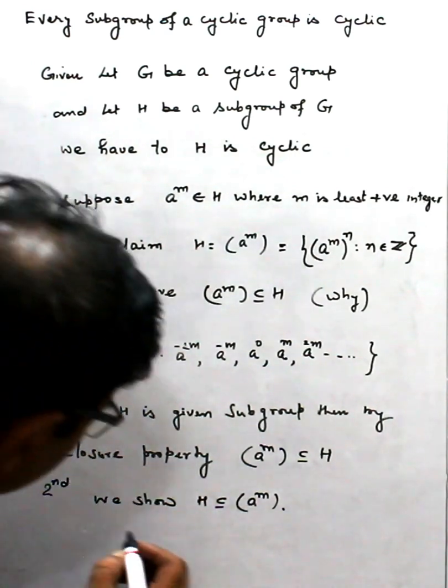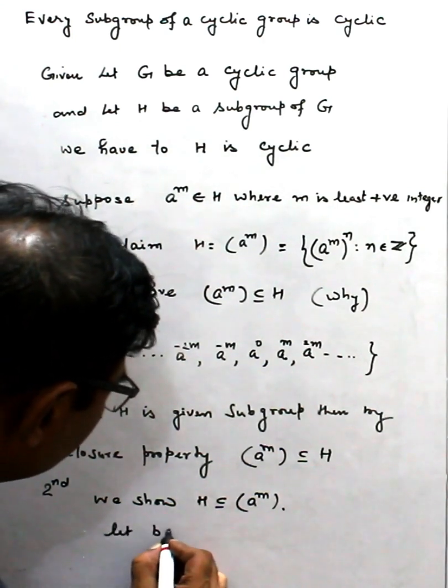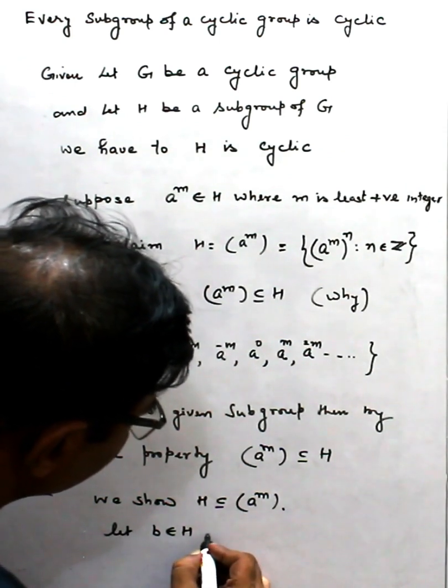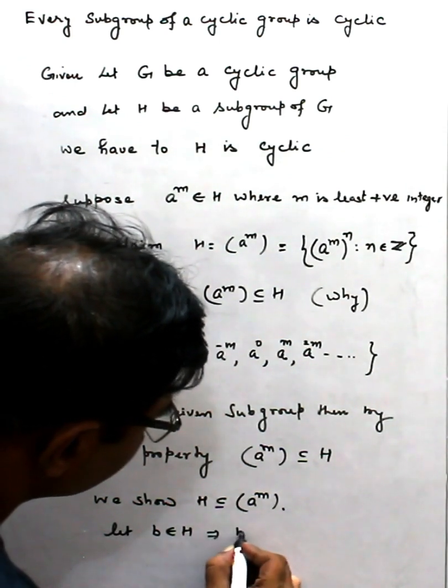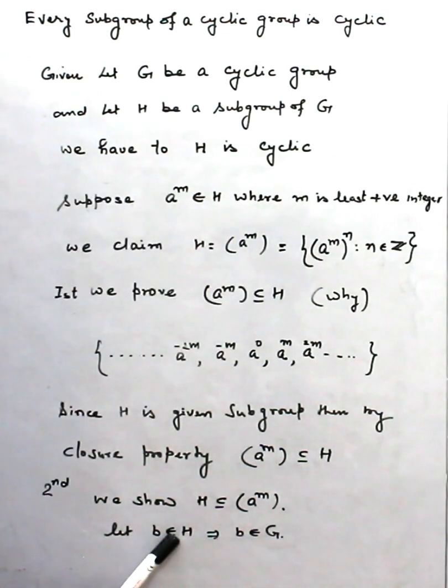So let b belong to H, which implies b belongs to G because H is a subgroup of G.